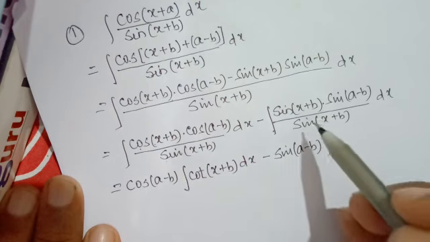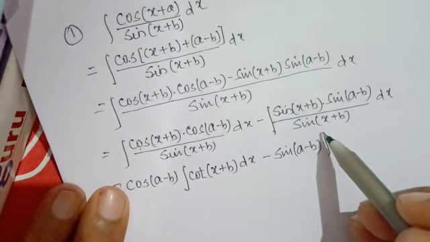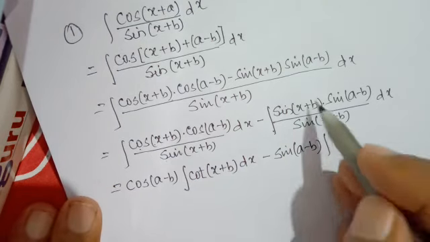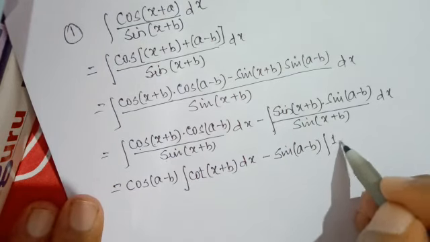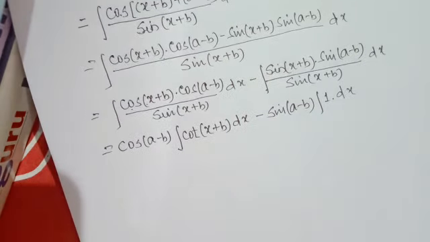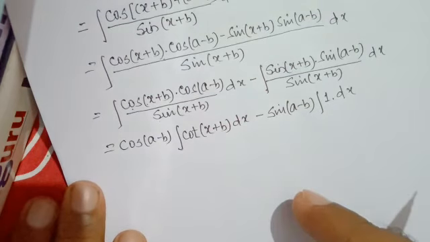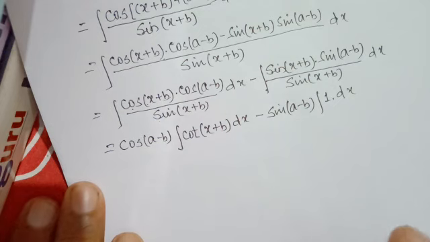How much left? Sin(x plus b) upon sin(x plus b). This cancels together, becomes 1. Now integration of cot theta, have you remembered? That is log sin theta.